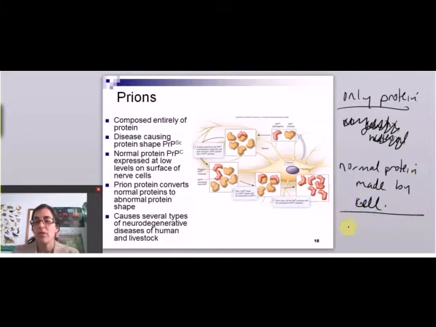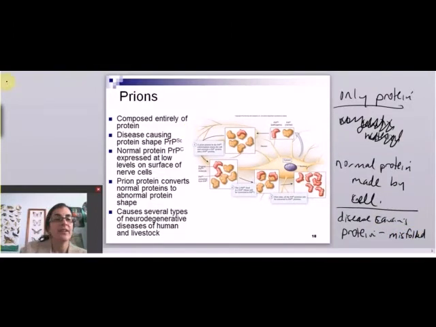But the prion protein, so the disease-causing protein, is a misfolded version of it. So it's the exact amino acid sequence, but it has the wrong shape.